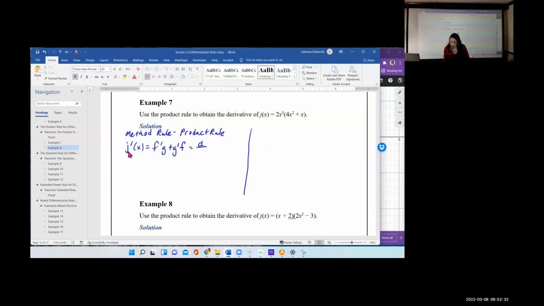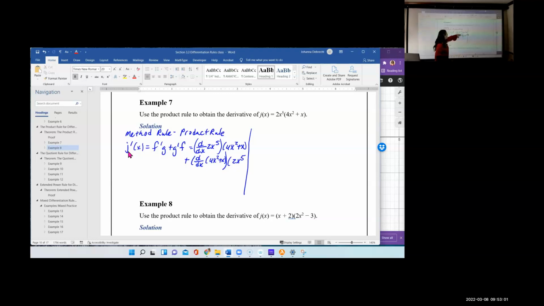So what I need is the derivative of 2x to the 5th multiplied by 4x squared plus x. And then I'm going to add on to that the derivative of the second, which is 4x squared plus x, and then I'm going to multiply by 2x to the 5th.